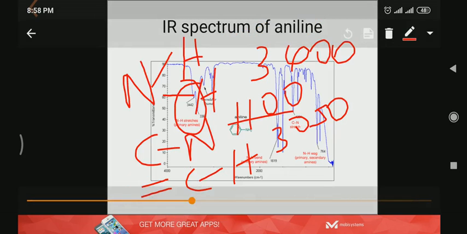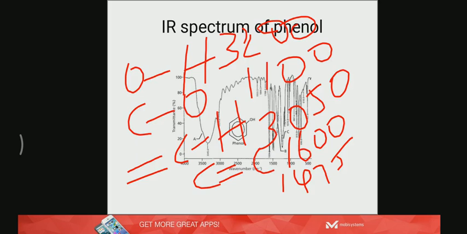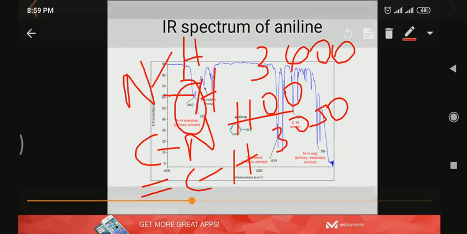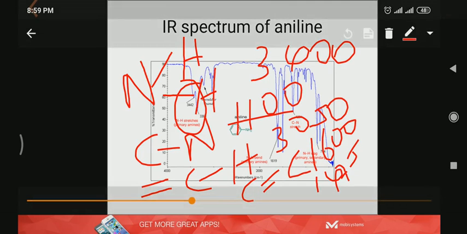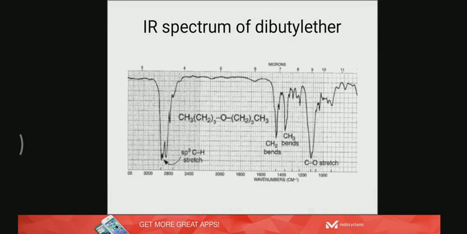The same thing comes in the case of aniline also. You will have two peaks, one at 1600, another at 1475. There will be slight difference in the values from compound to compound, right? And sometimes one peak may get masked by another if they are very close. That also happens.